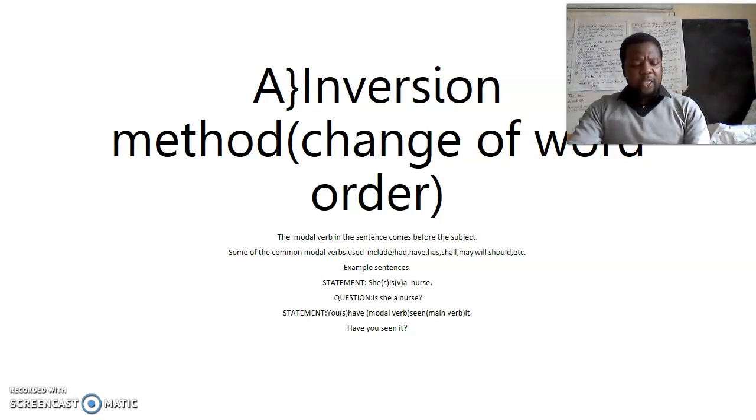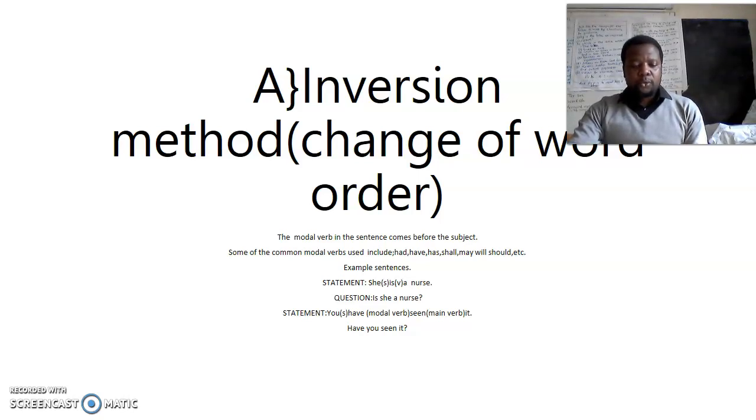Now, can you try this on your own and see if you are able to form a correct question for the statement I'm going to read to you. They must go to bed now. What do you think is the question for that statement?